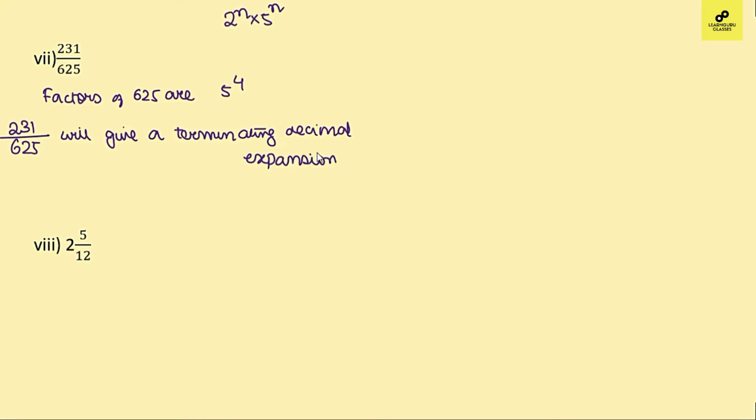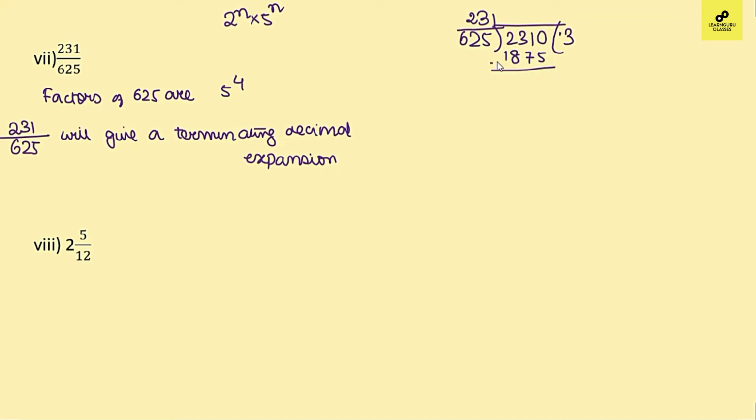Okay, to find out the equivalent decimal expansion, we will perform the division now. So 231 I am writing, 231 is less than 625. So here you are giving a 0, and you are getting 3. 625 into 3 will give 1875.